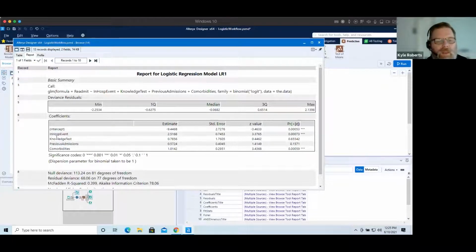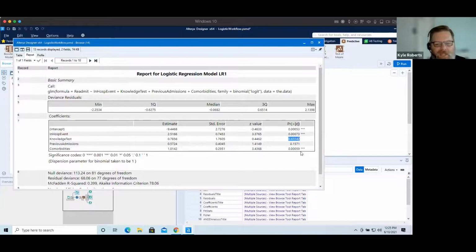Okay, the knowledge test. Again, remember, it's for every 1 point change in the knowledge test, and our knowledge test was actually on a 0 to 1 scale, but it was a percentage. So that's telling us that as people know more, which does not make sense at all, their probability of being readmitted actually goes up.